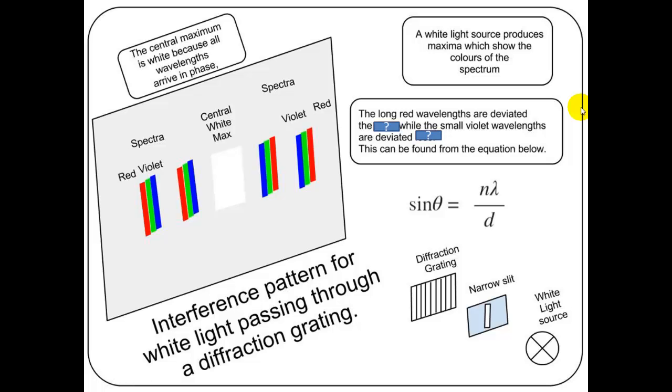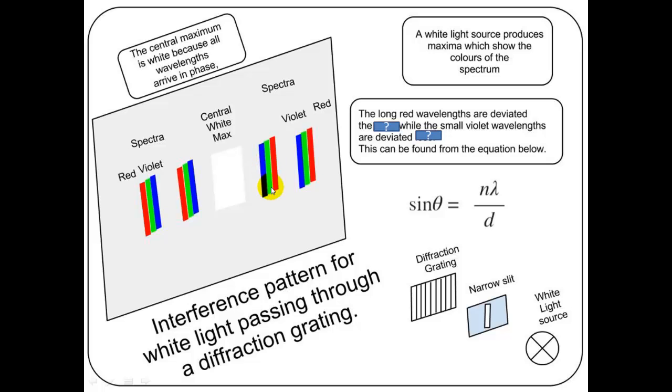So this is basically what you see. You have a white light source, you have a slit, you have a diffraction grating, and this will be the central fringe, which is white where all the light is in phase. This is a first order spectrum, this is a second order spectrum. Notice the most deviated one is the red.